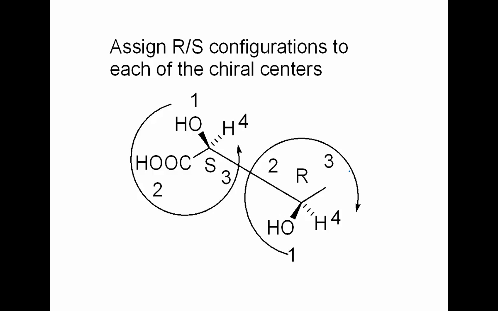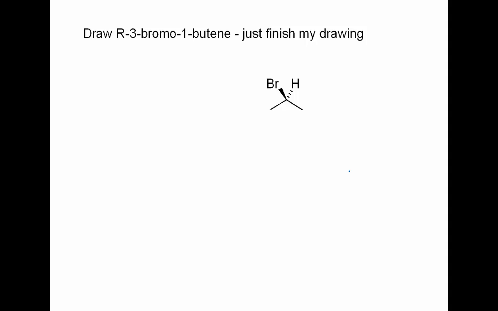So if we had to name this, I realize that naming carboxylic acids isn't for a long time in your future, but it would be something like 2S,3R-dihydroxybutanoic acid. Okay, all right, so we have to take the chiral centers and do them one at a time.